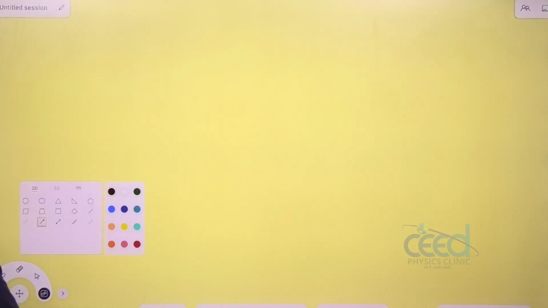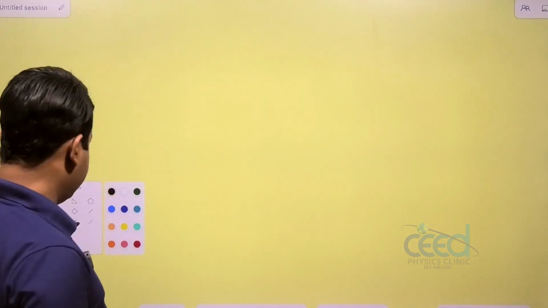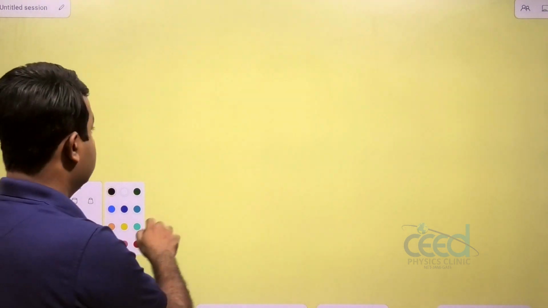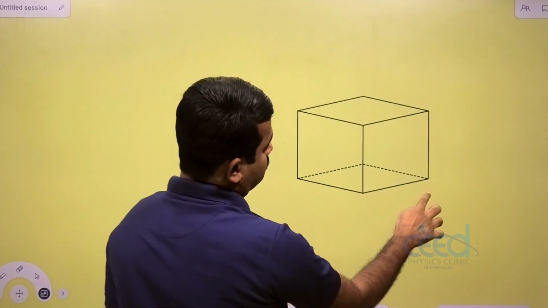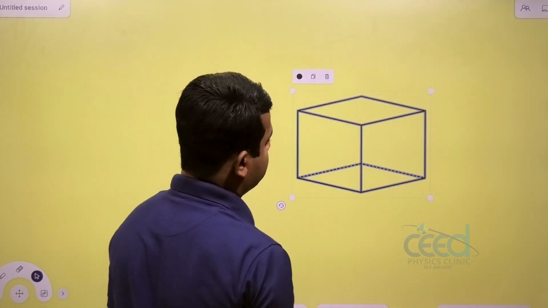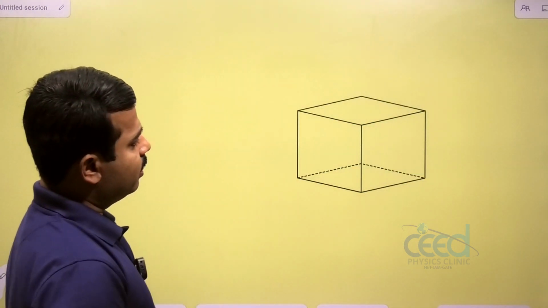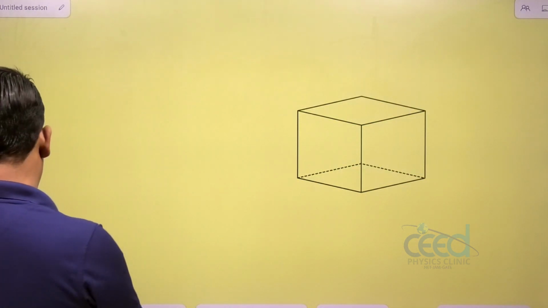Suppose I am considering a cube, so let me take a 3-dimensional cube. Now I consider 3 axes.